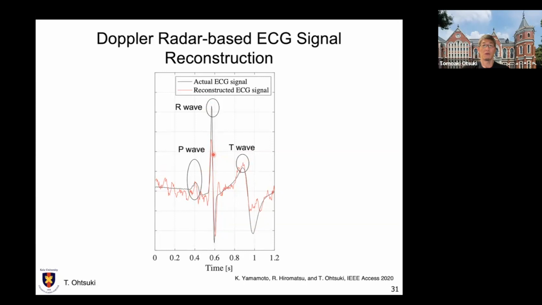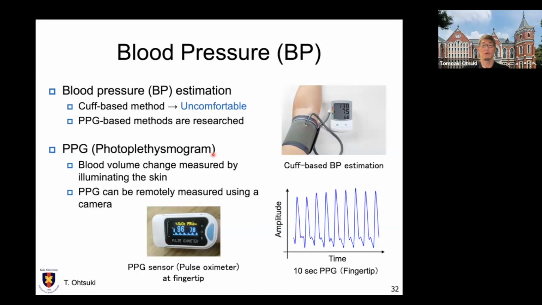That means using the deep learning technique, we can reconstruct the ECG signal from the Doppler signal. Then how do we use this kind of waveform information? One example is blood pressure estimation.